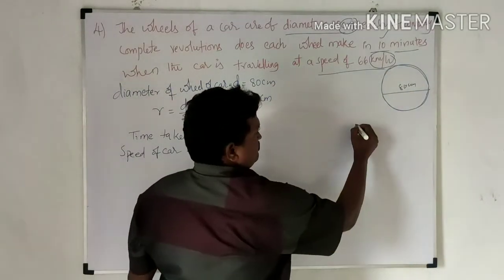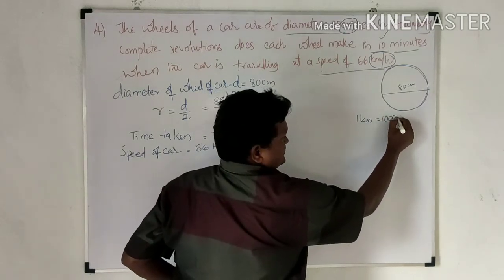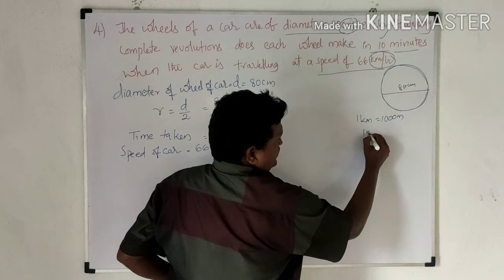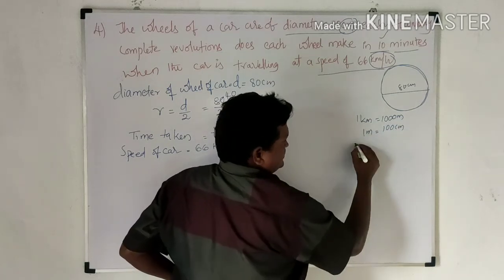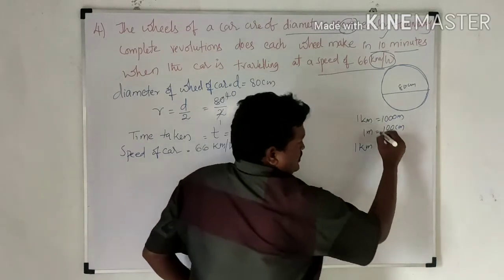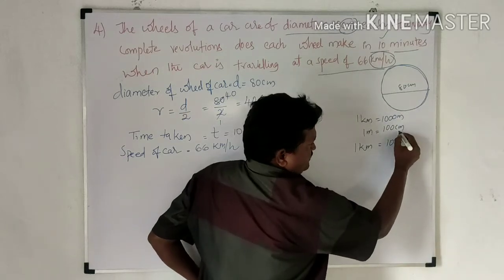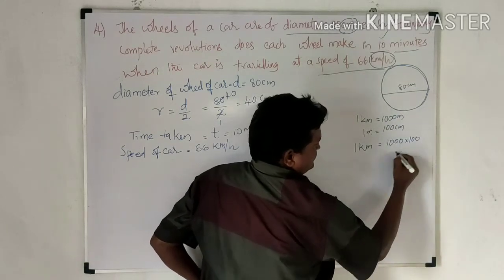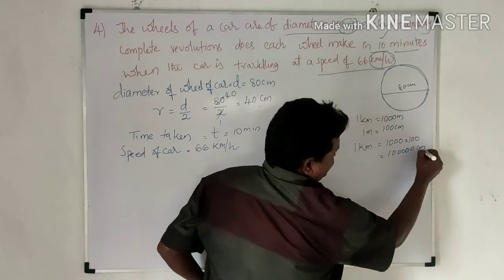For 1 kilometer, how many meters? 1000 meters. And for 1 meter, how many centimeters? 100 centimeters. Then 1 kilometer is equal to 1000 meters into 100 centimeters, so it becomes 1 lakh centimeters.